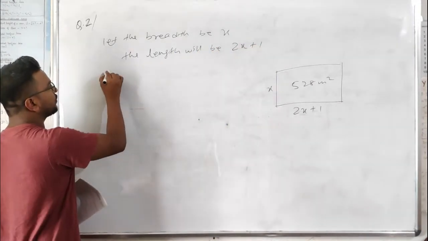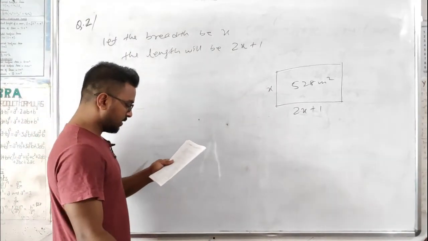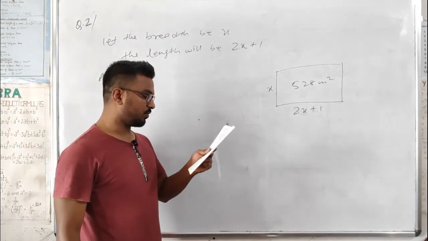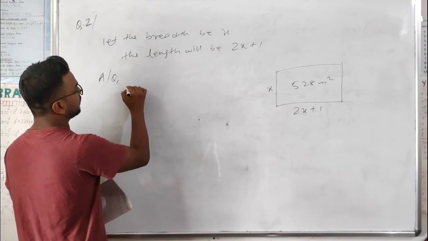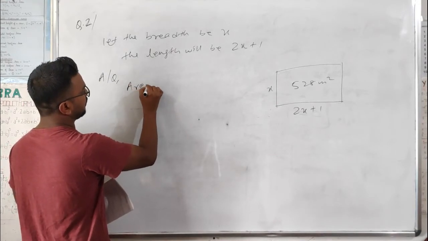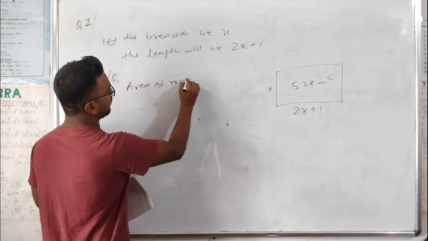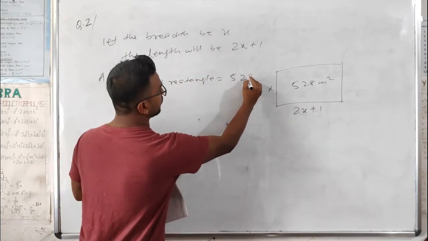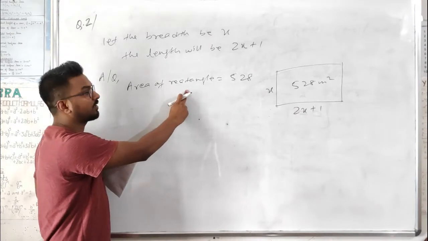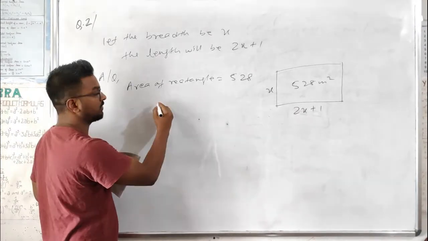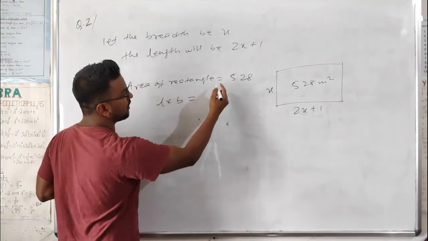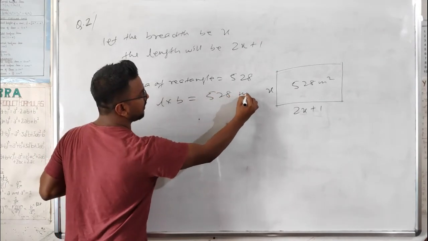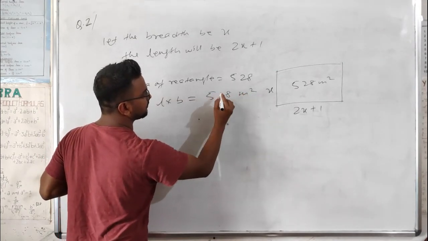Okay. Now according to question it is given the area of rectangular plot is 528. So area of rectangle is 528. Now you know the area of rectangle, that is length into breadth. Okay, length into breadth is equals to, it is given how much? 528 meter square. Fine.